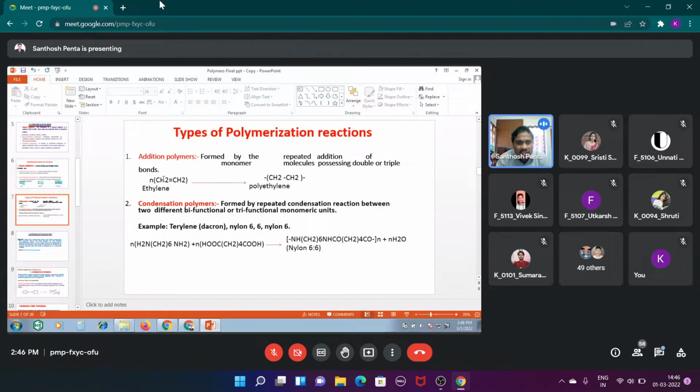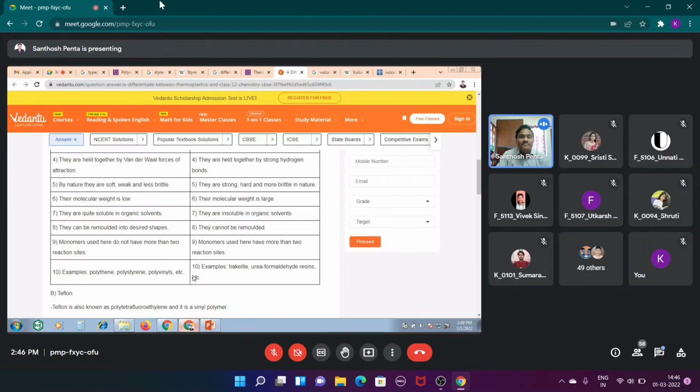That means one carbon may get positive charge, another carbon may get negative charge. So bifunctionality would be there, at maximum. But in condensation polymerization, see here, amine is one functional group, and carboxylic acid is another. That means different functionalities and functional sites are there, so at any time the monomer unit may join.